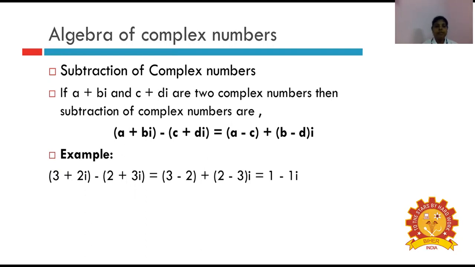For example, (3 plus 2i) minus (2 plus 3i) equal to (3 minus 2) plus (2 minus 3) into i equal to 1 minus 1i.